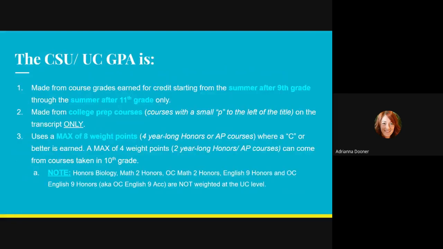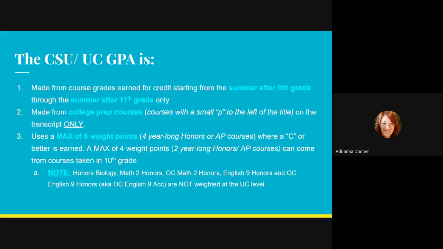The CSU and UC GPA is actually made up of a very specific set of grades that occur during the summer after 9th grade. So maybe your student took something for advancement in the summer after 9th grade, that course would count. And then it goes all the way through the summer after 11th grade.